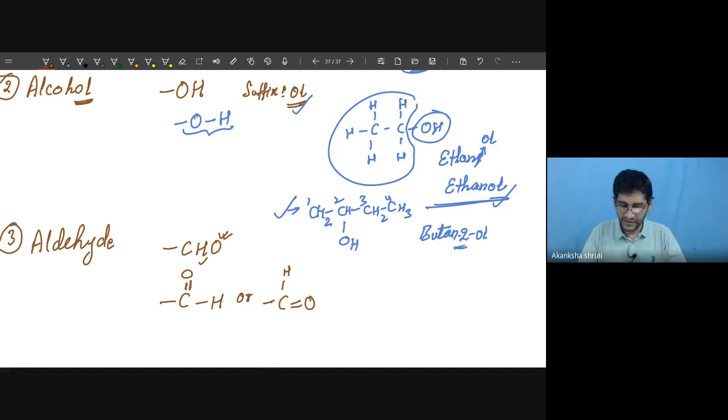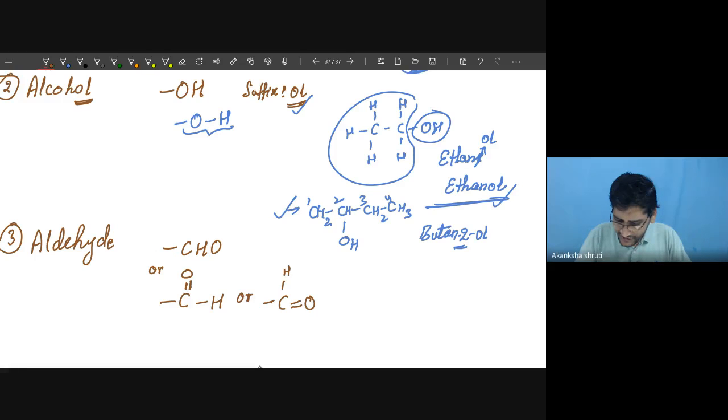Otherwise, there will be a violation of the valency rule. So whether you write this structure or simply the compact form CHO, all mean the same thing. Everything represents the aldehyde. So these are the three ways of writing the aldehyde in a molecule.